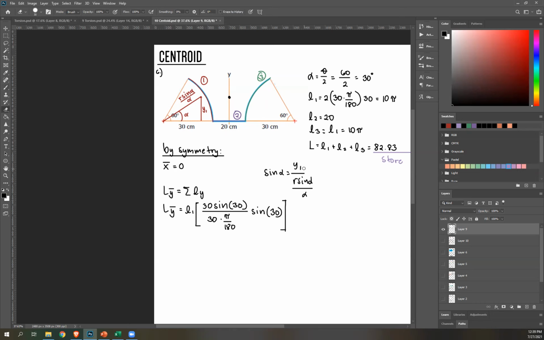Right? So now that that's settled, let's move on to y2. Length 2. So this is the centroid of your length 2. What is y sub 2? Again, y sub 2.